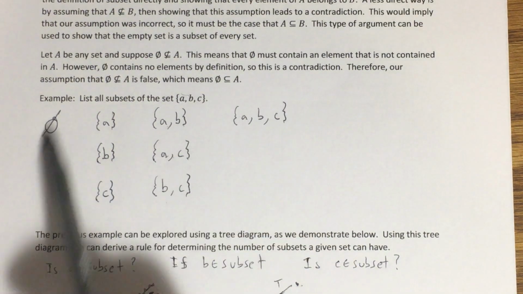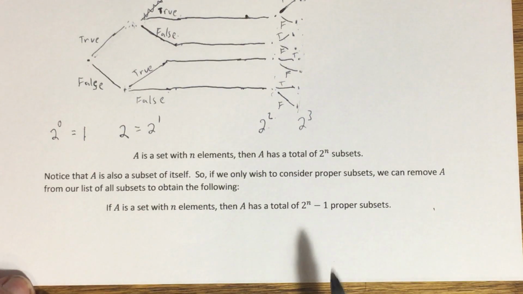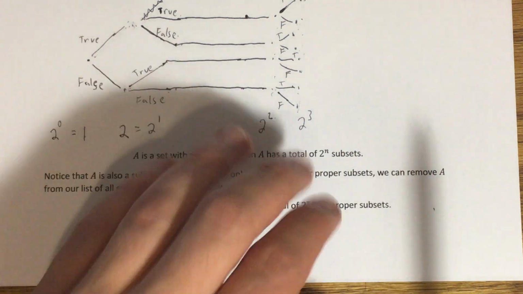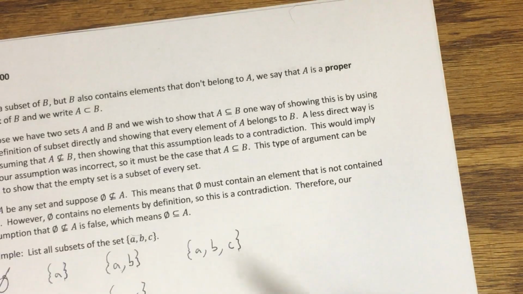So that would just take the total number of subsets and subtract 1 from it. In other words, if A is a set with n elements, then A is going to have a total of 2 to the n minus 1 proper subsets. That minus 1 indicating the set A that we're removing from our list.